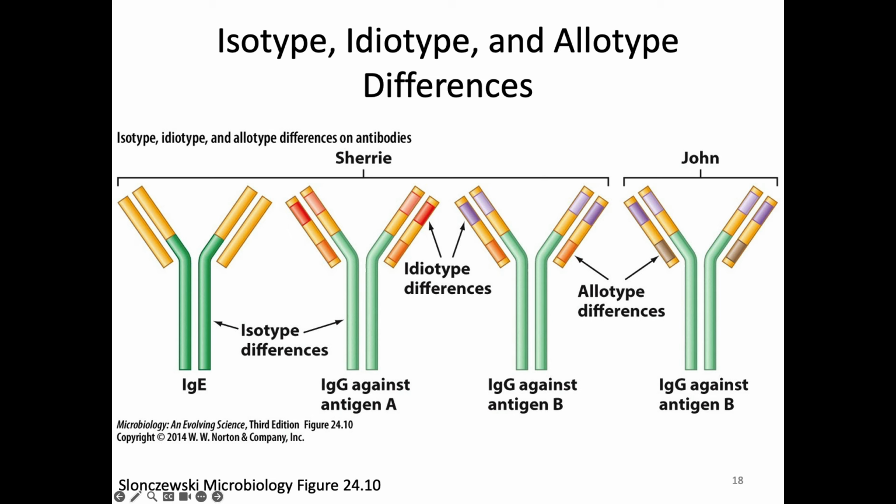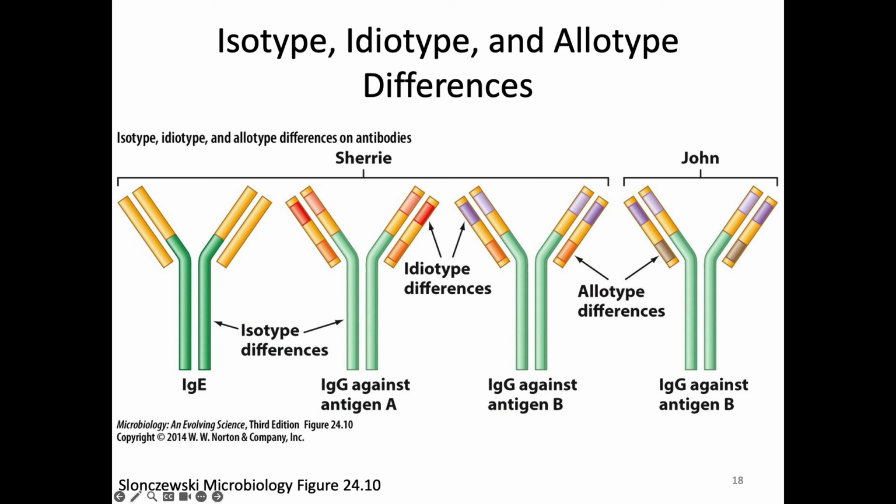What you can also notice is that we can think about antibodies that have the same constant region, but different variable regions. So here you can see again from Sherry, 2 different antibodies that are both IgG antibodies, but that bind to different antigens. So their constant region is the same, but their variable region is different.